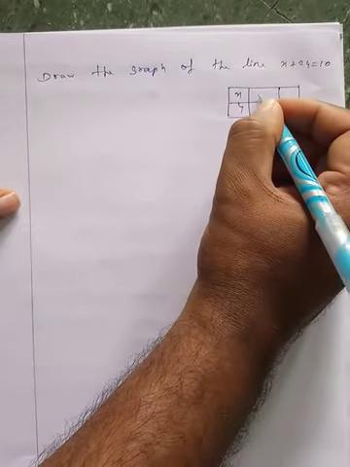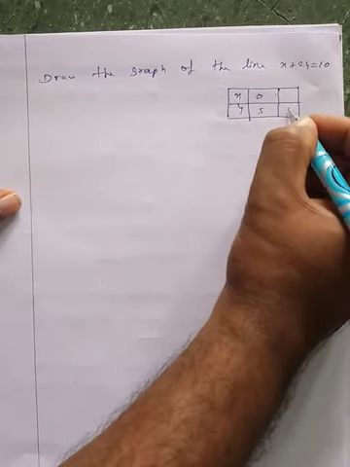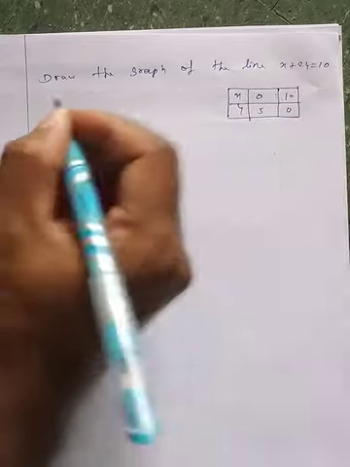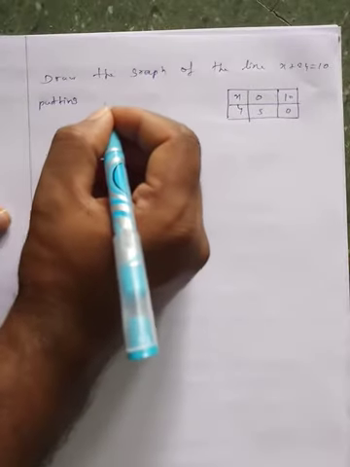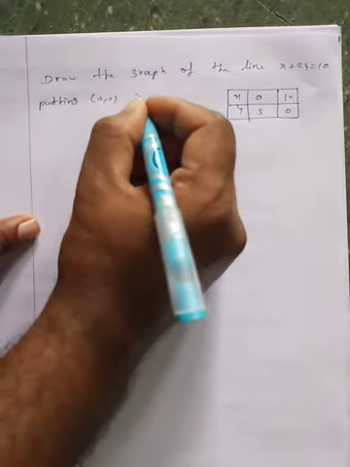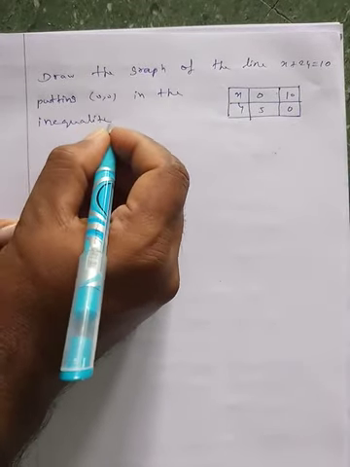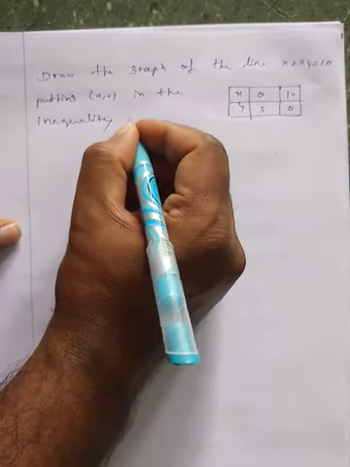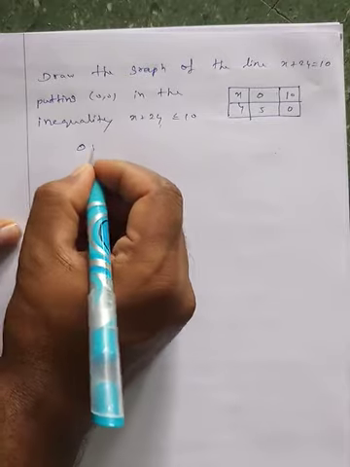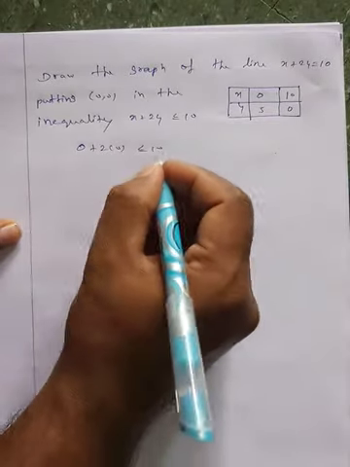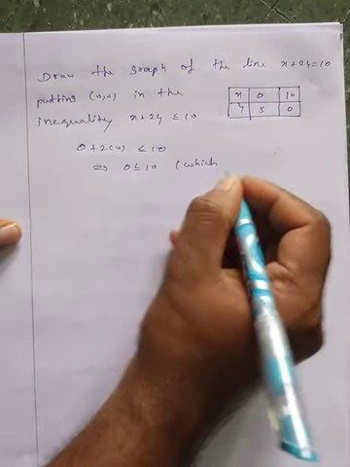Put x = 0, then y is equal to 5; put y = 0, then x is equal to 10. Now putting (0, 0) in the inequality x plus 2y less than or equal to 10: 0 plus 2 into 0 less than or equal to 10, which implies 0 less than or equal to 10, which is true.